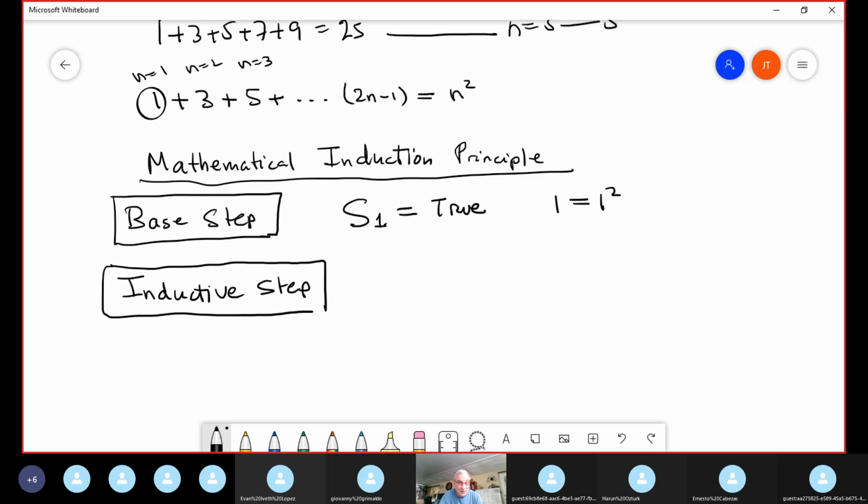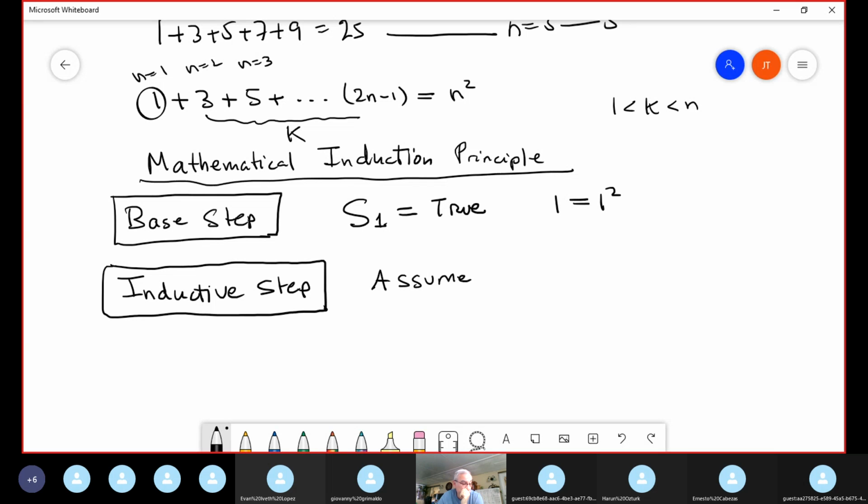Okay, the idea behind the inductive step is you assume an arbitrary k in the middle here. Arbitrary k. So k is a number between 1 and n. Suppose that n is 500, and k you take like 100 or 150 or 200.